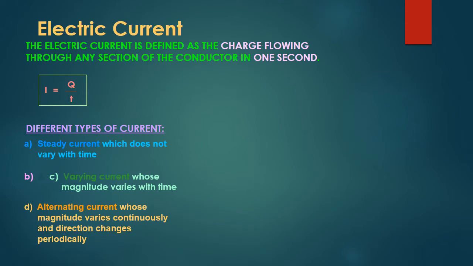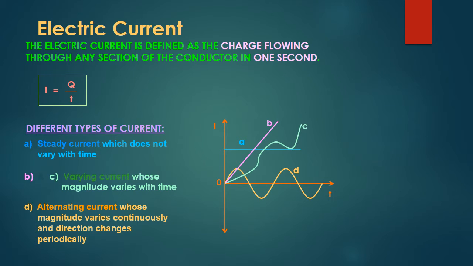B and C types of currents are the varying currents. You can see in the diagram, line A represents direct current, that is a constant current. B and C graphs represent varying current, and you can see another type of current, D, which is known as alternating current, the current whose magnitude and direction change with time periodically.